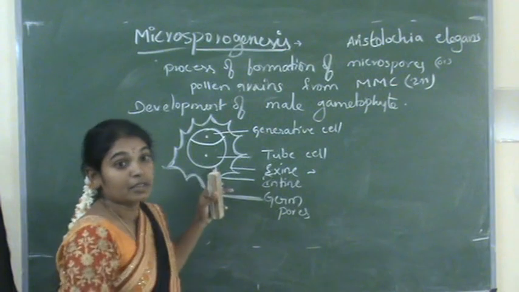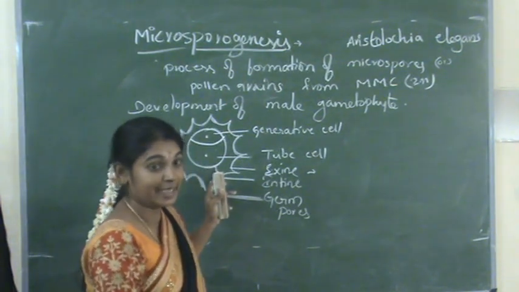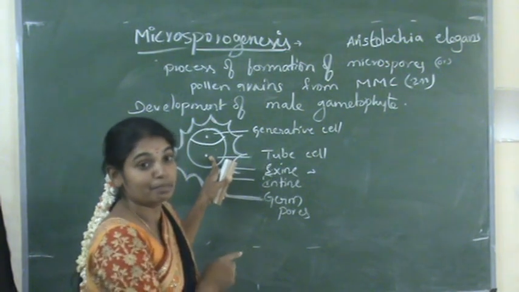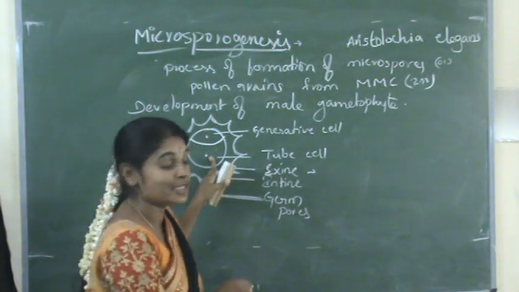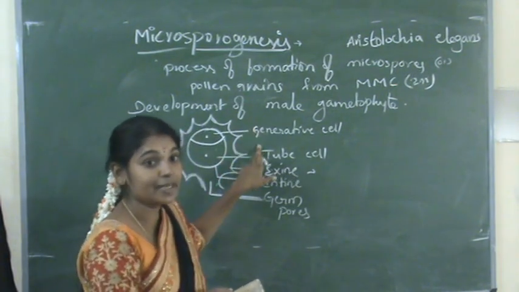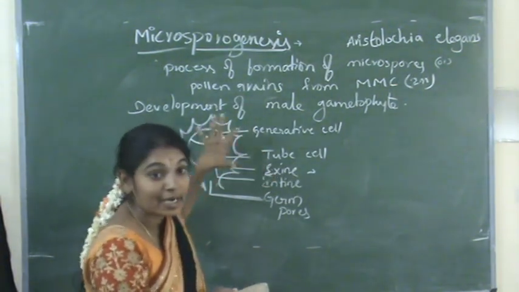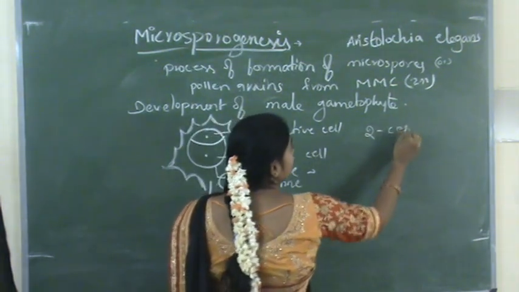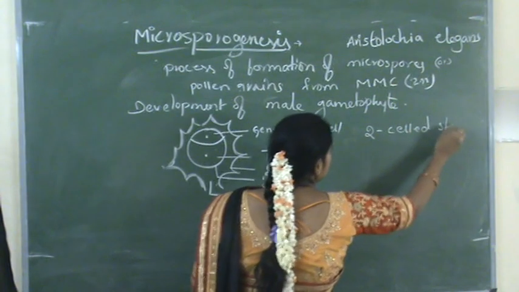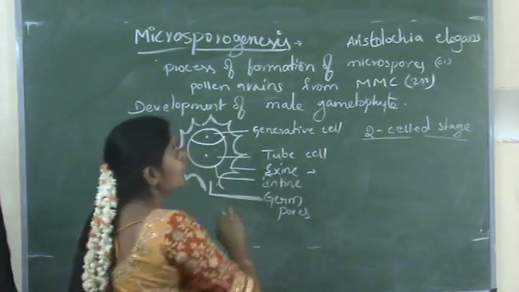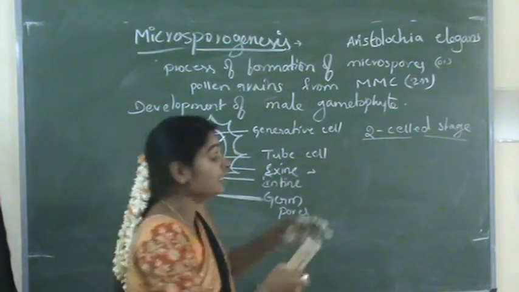And the pollination takes place at this stage, after the mitotic division completes, or after the formation of the generative cell and tube cell. Then at this stage, at the two-celled stage, the remaining process of pollination takes place.